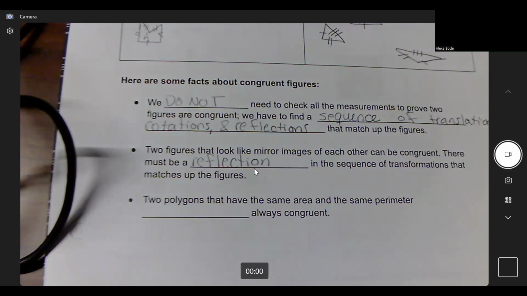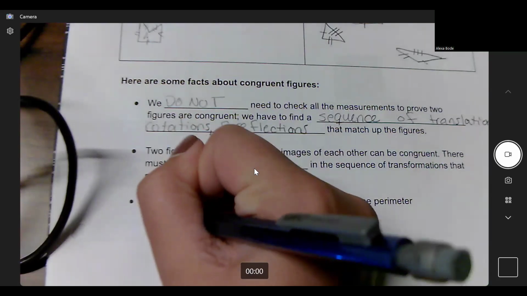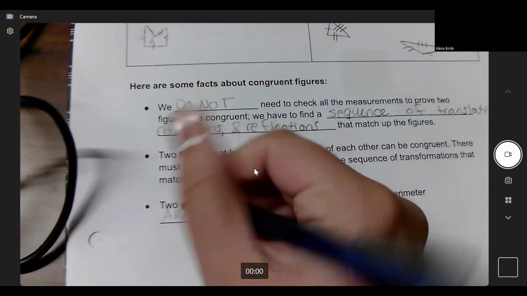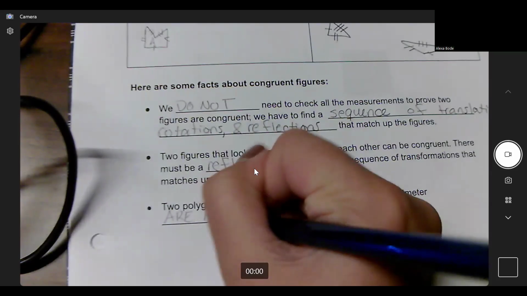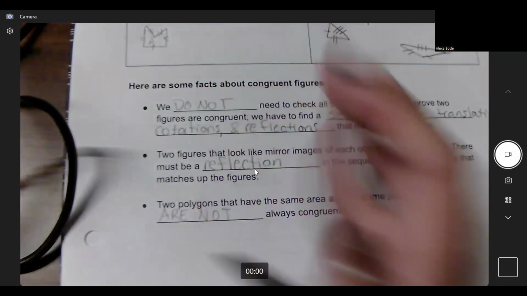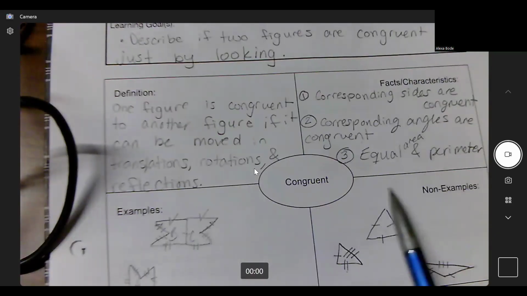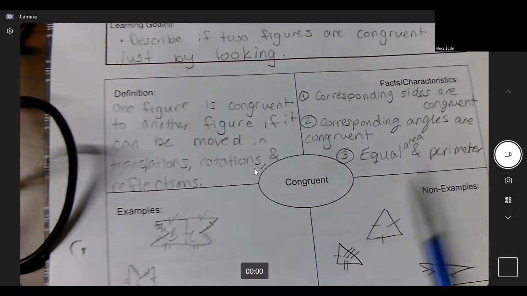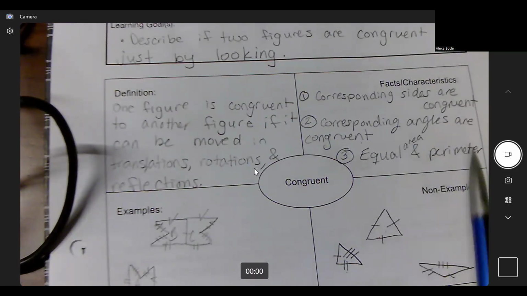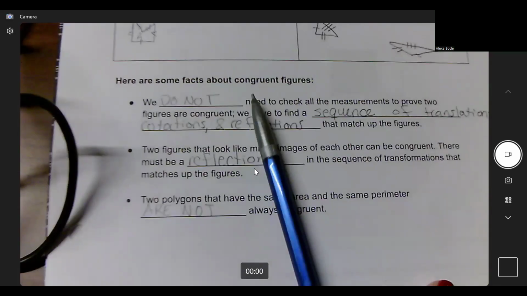Two polygons that have the same area and the same perimeter are not always congruent. So again, you have to have all three of these other facts and characteristics in order for the whole shape to be congruent. You can have shapes with the same area and perimeter and it still not be congruent.